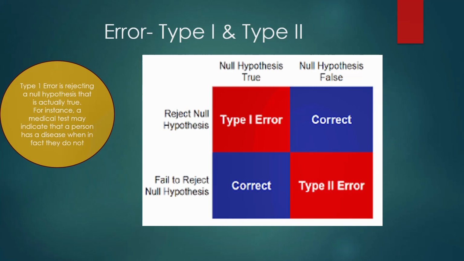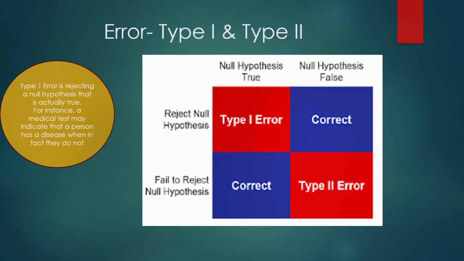That means we accept it, so it is correct. There is no error in that. In the last one, the null hypothesis is false, but we fail to reject it. We accepted that, so it is an error.